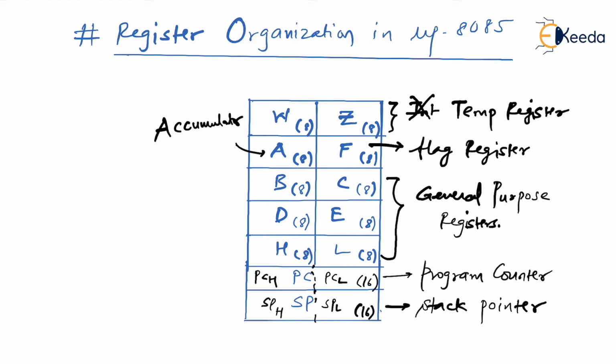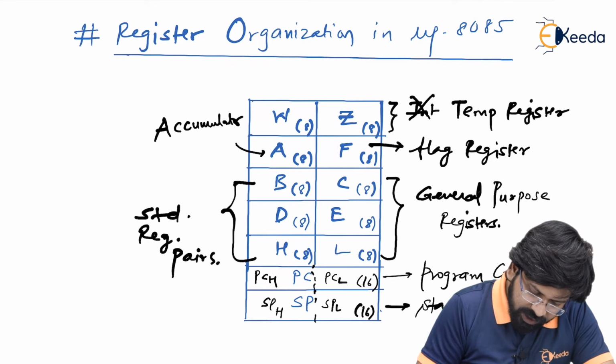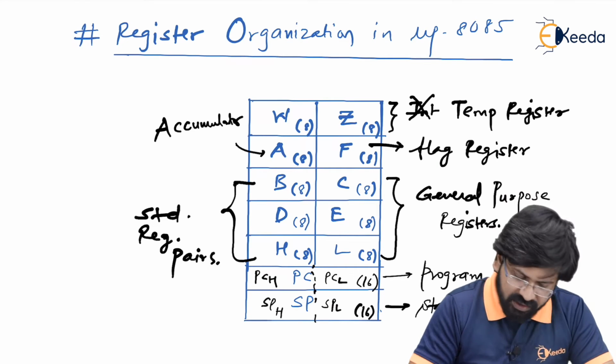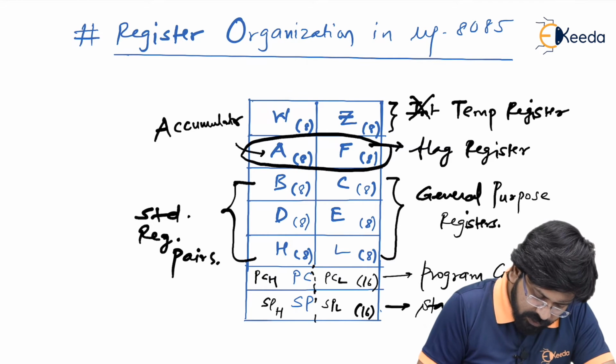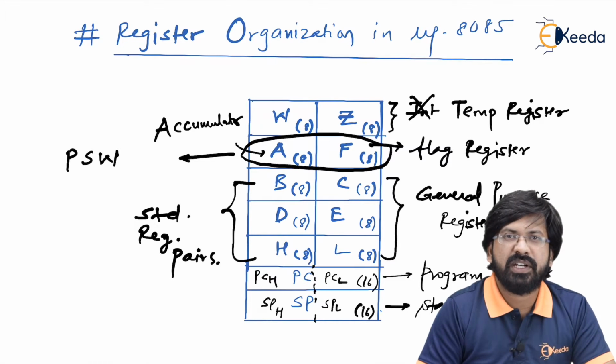As I said, BC, DE, HL are what we call standard register pairs. But the accumulator and F, where F stands for flag register, are together known as PSW, where PSW stands for program status word.